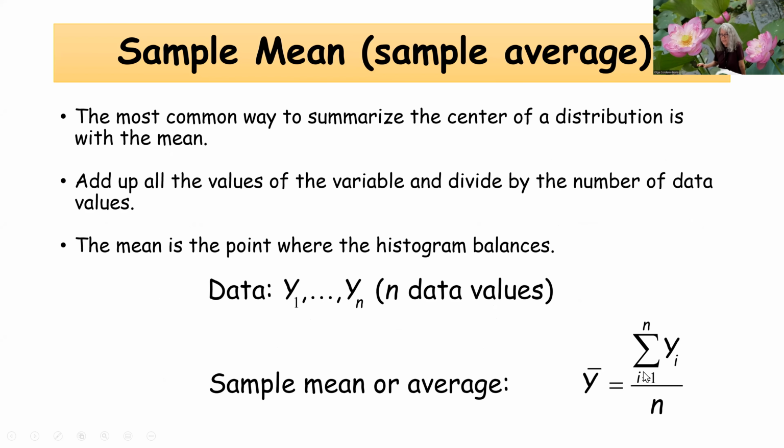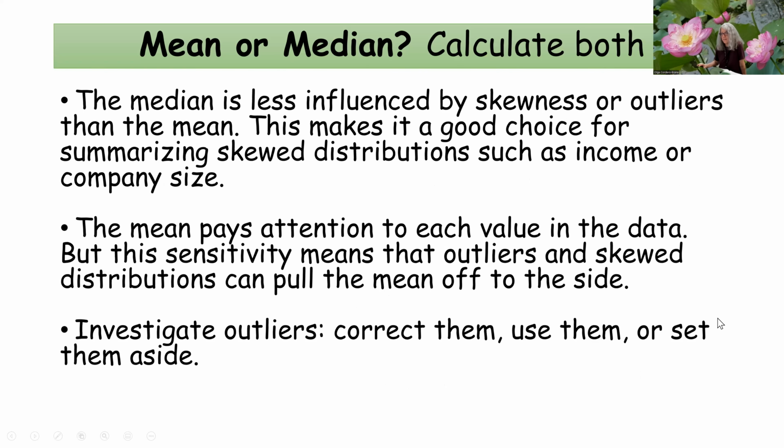The sample average, we add all the data values and divide. So every data value contributes to the calculation, right? That's why if I have outliers, this is going to be affected in either direction, because it's taken as is.